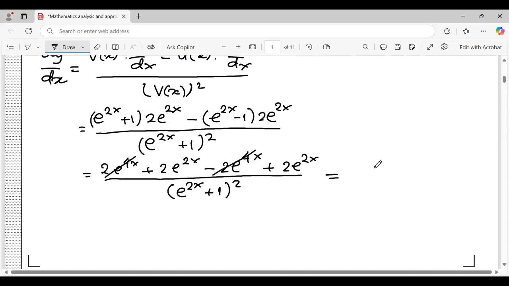The e^(4x) terms become 0, and it is 4e^(2x) over (e^(2x) plus 1) squared.